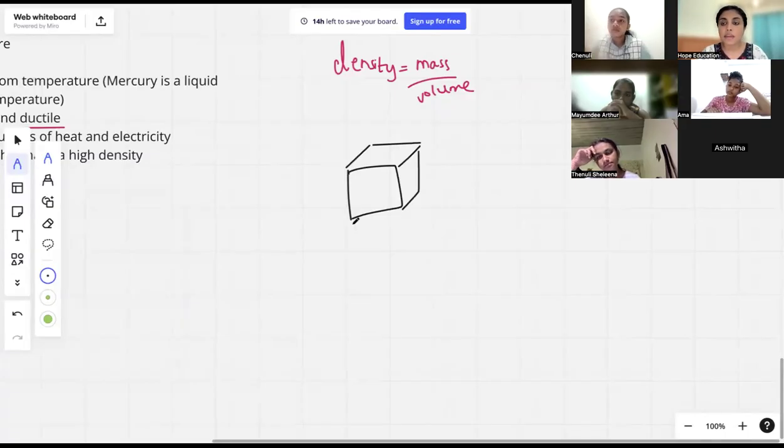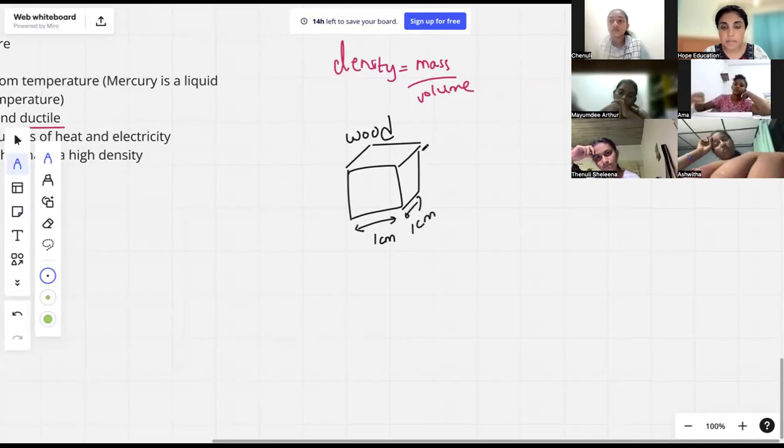How do we calculate the volume of a cube? Length into breadth into height, right? So you take, this is wood. Its length is 1 centimeter, its breadth is 1 centimeter and its height is also 1 centimeter.